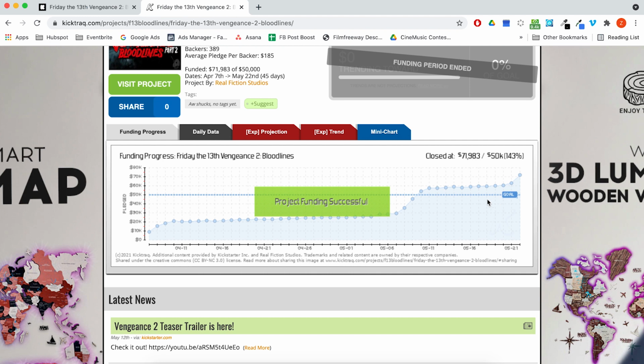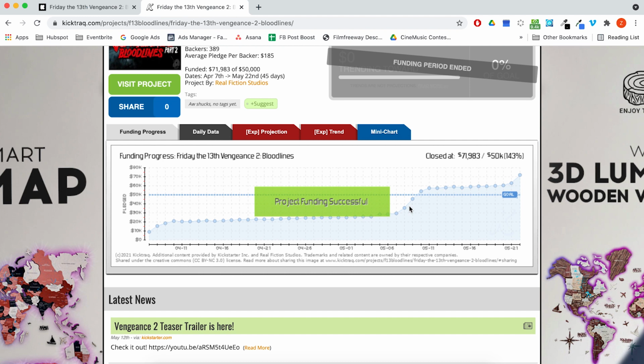The fact that they did this in the middle of the campaign means that something very interesting happened over here that made them have this huge jump. So I would also dig into their social media, dig into their updates and find out what happened here. How did they suddenly get this huge jump?